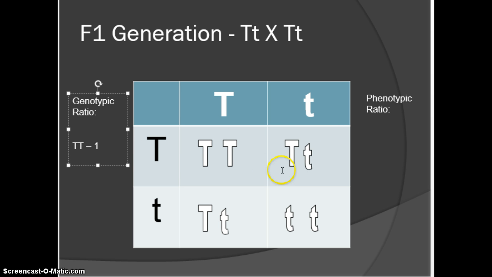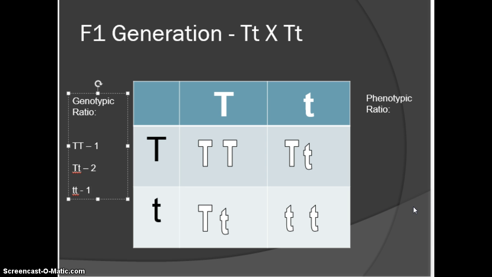Notice now we have one that has a capital T and a lowercase t, and another one. So we would be able to fill this out as a capital T and a lowercase t. So we have two of those. And in our final square down here, we have the homozygous recessive, lowercase t and lowercase t. We are actually just going to have one of these. So that would be our genotypes.